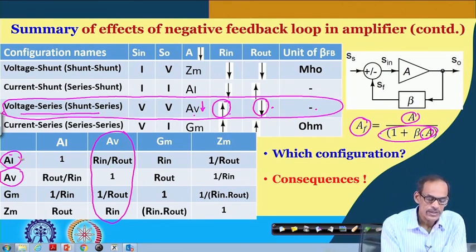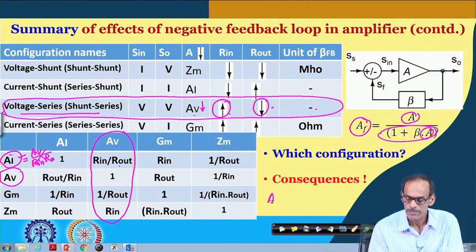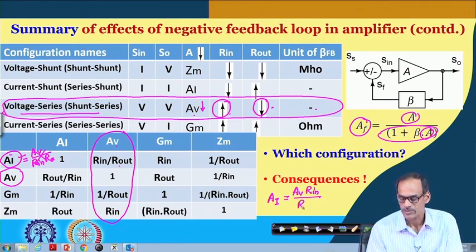The current gain AI is equal to AV times R in divided by R out.